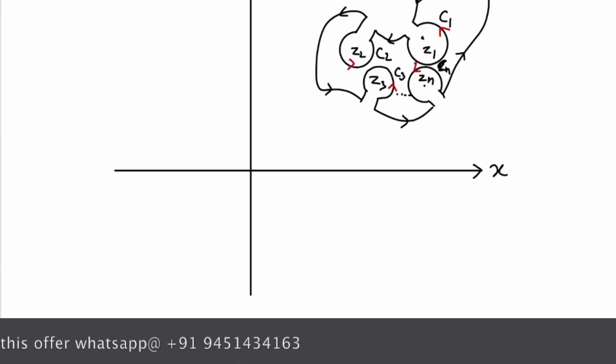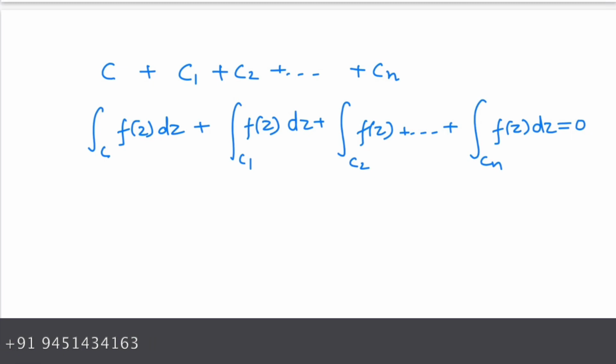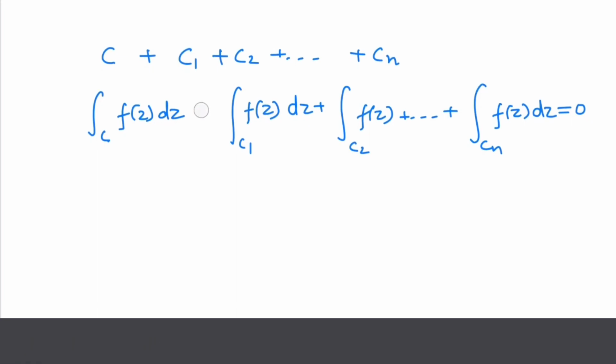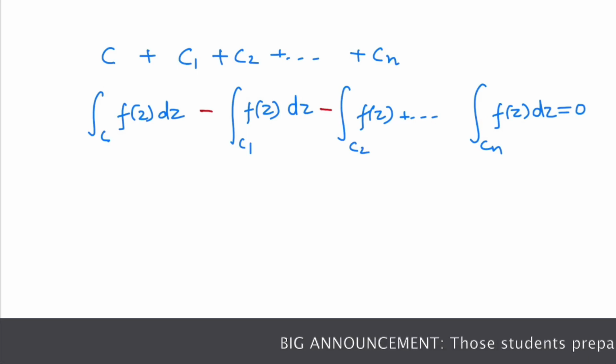On doing so, this sign changes, here this sign changes. So we have here a negative sign and a negative sign.